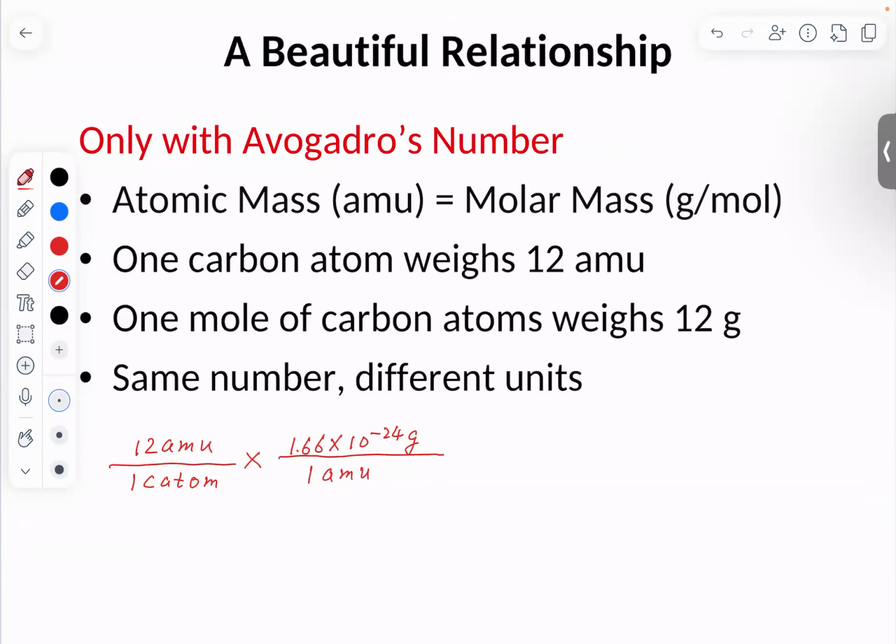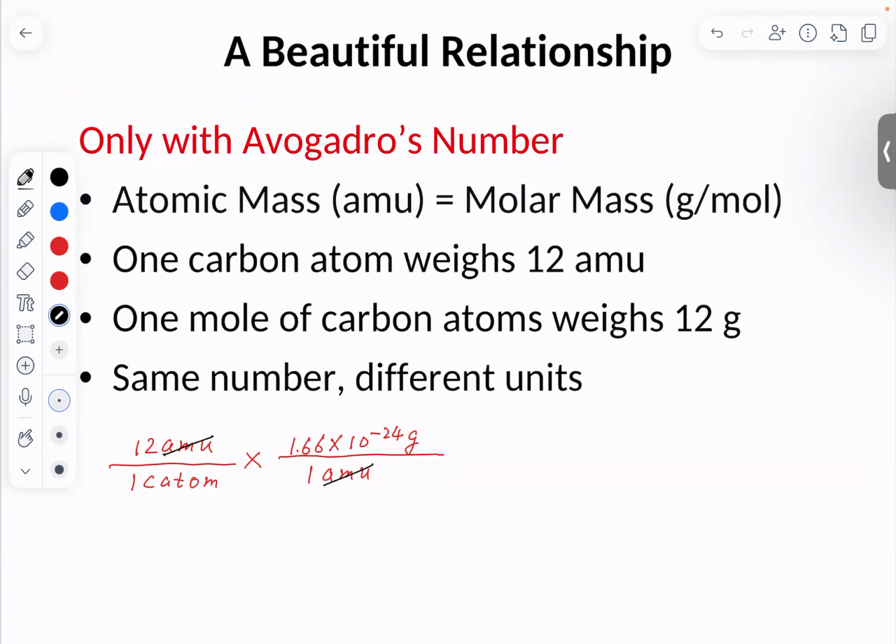In this case, we can cancel out AMU to give us the gram over one carbon atom, which is also the mass of one carbon atom in grams, a very small number.